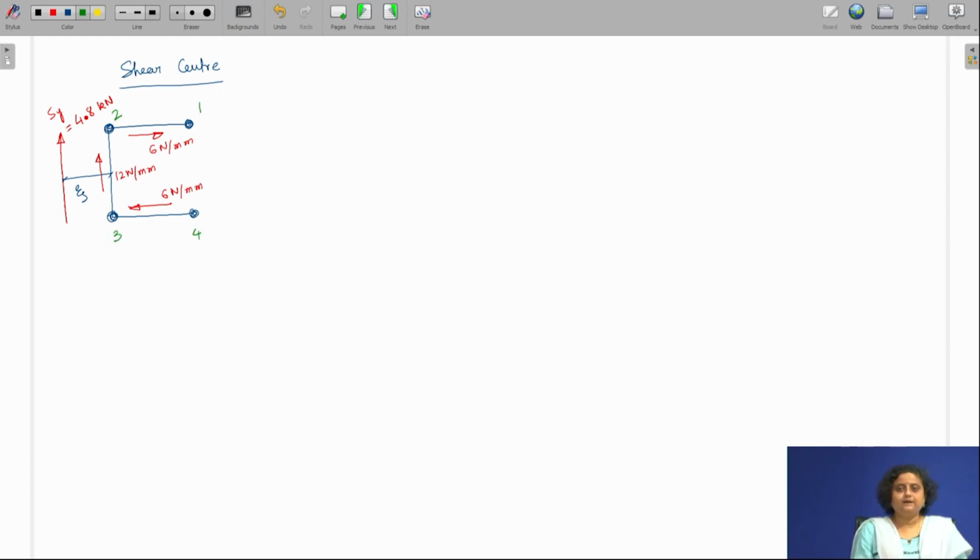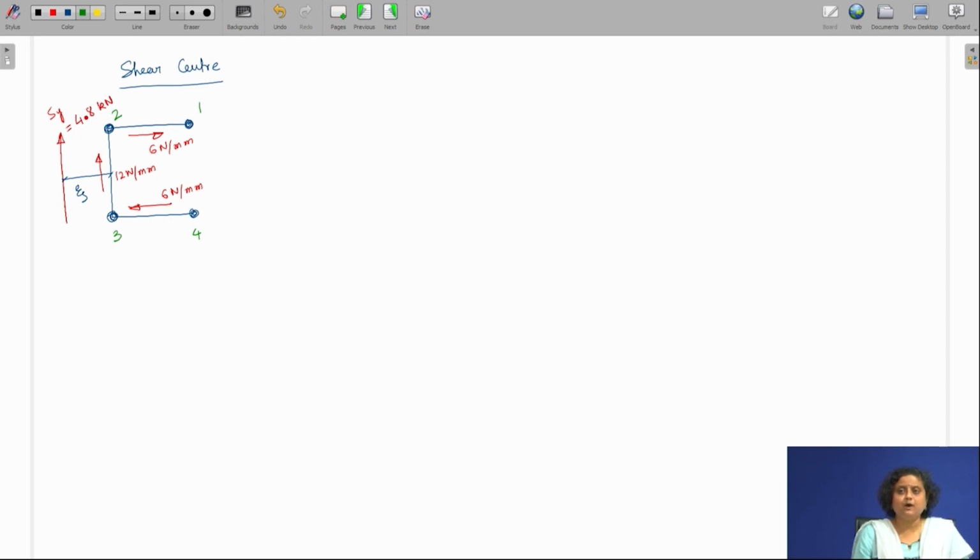Now to obtain the shear center, the point about which we should take the moment should be carefully chosen so as to minimize the calculation required. I will reiterate that we can choose any point and find the moment, but then the calculation might become tedious.